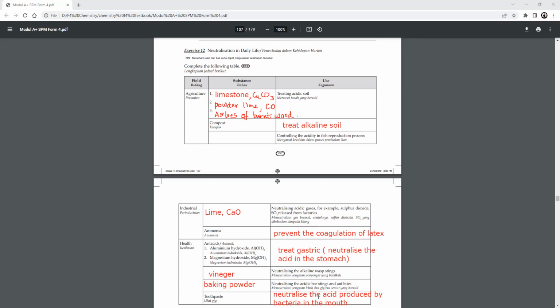I watched one short because I'm not good at this one. It said every morning when you wake up, you drink water or you go to wash your teeth, which one should do first? The answer is you need to drink water first. Drink a cup of water because the bacteria inside the mouth will help you to neutralize something. I forgot already.